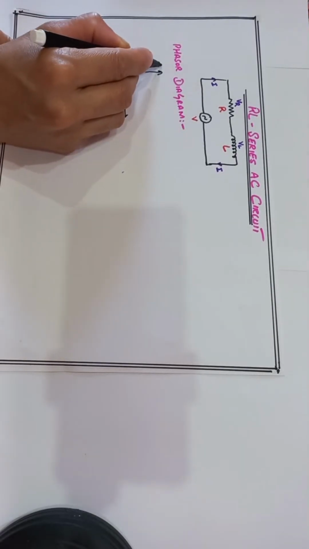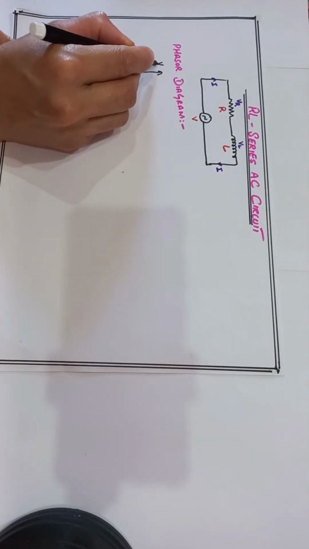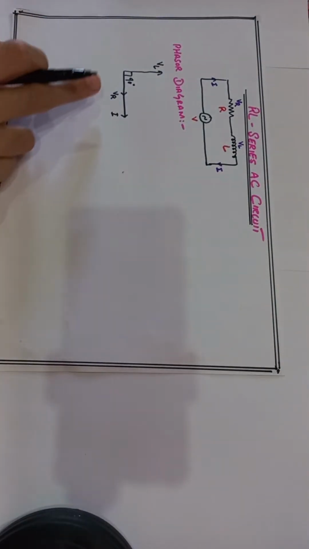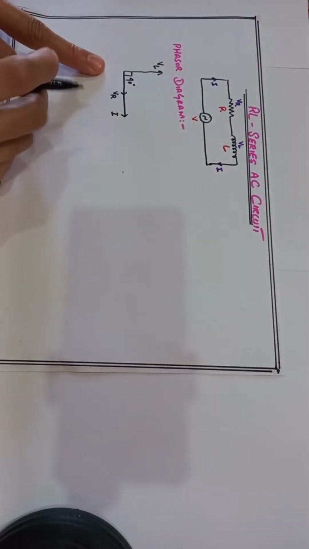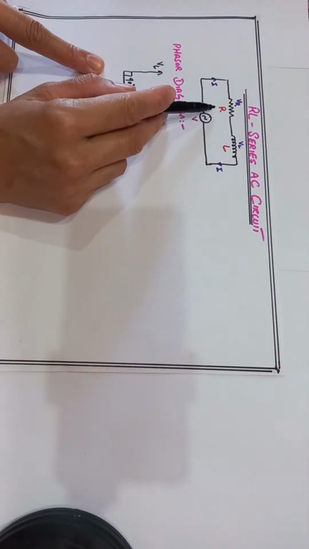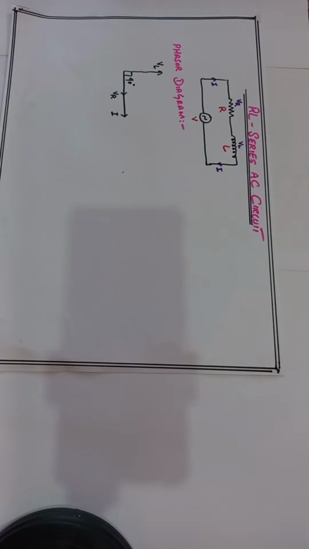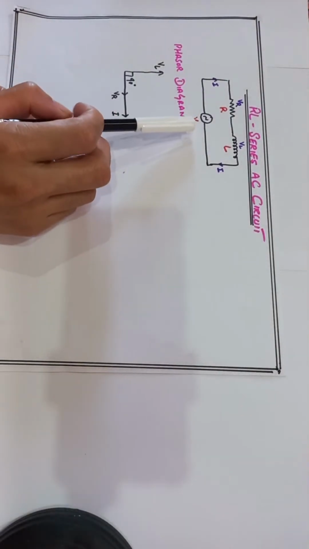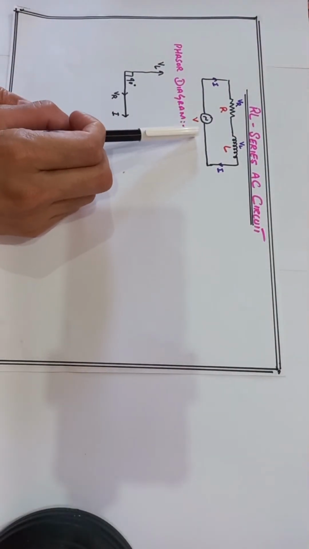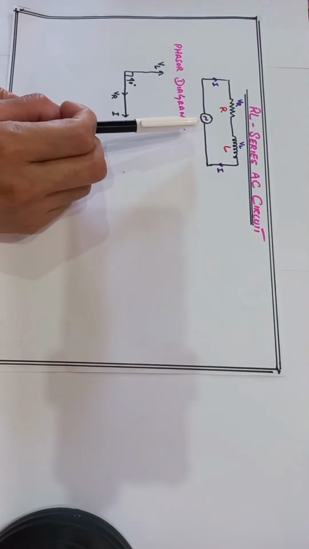So here we write the voltage VL. That is basically the phasor diagram of both circuit elements, resistor R and inductor L. Okay, now we find the applied voltage phasor diagram.